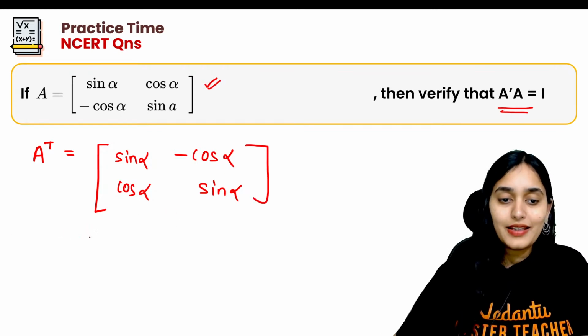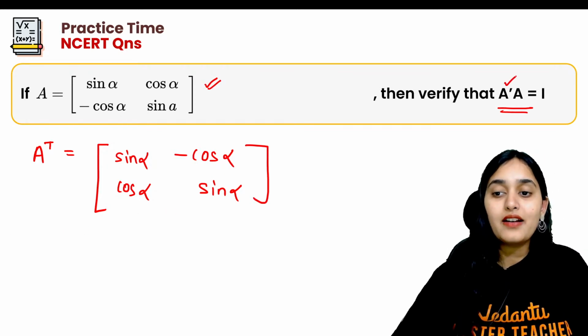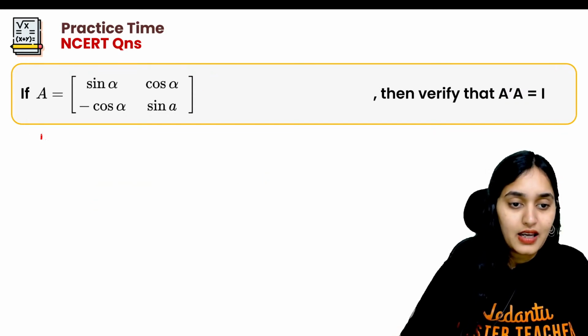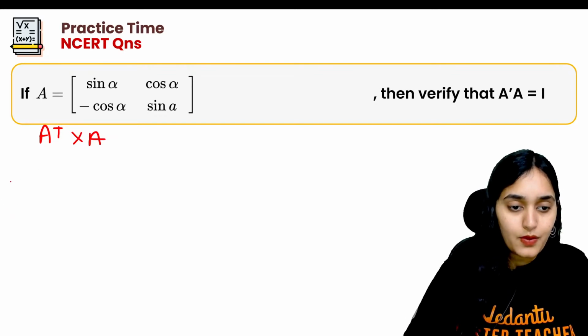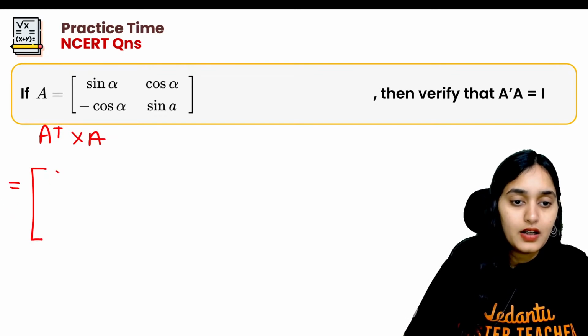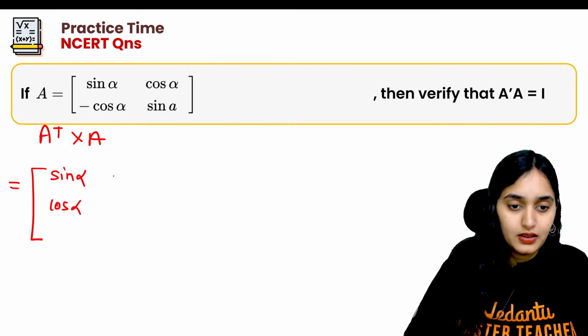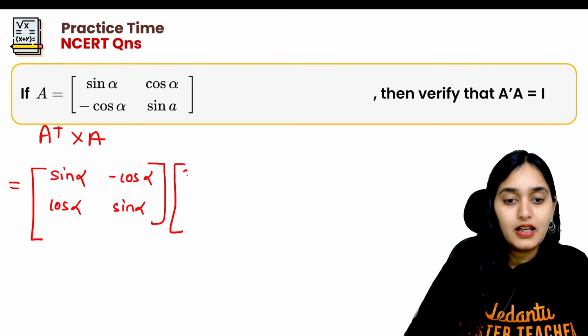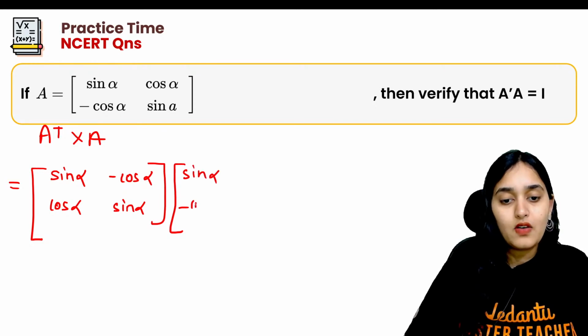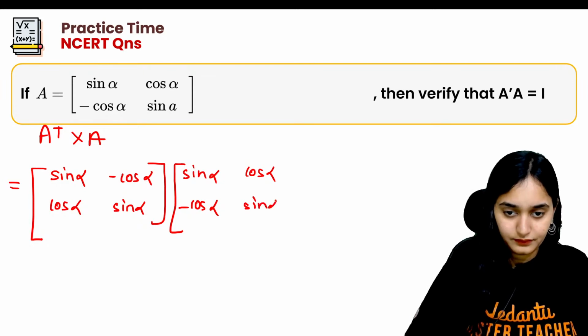Now, in the question, they are saying verify that A transpose into A is identity matrix. So, A transpose into A is equal to sin alpha, cos alpha, minus cos alpha, sin alpha multiplied with sin alpha, minus cos alpha, sin alpha.